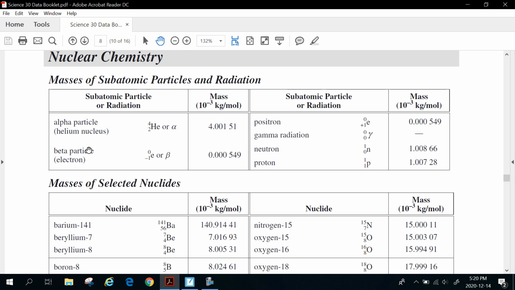And yes, a beta particle is just an electron. They are one and the same thing. And finally, on this first table, it does have the neutron. Neutron, 0 protons, but 1 for the mass number. And for a proton, 1 for the number of protons, 0 neutrons, so also 1 for the mass number.